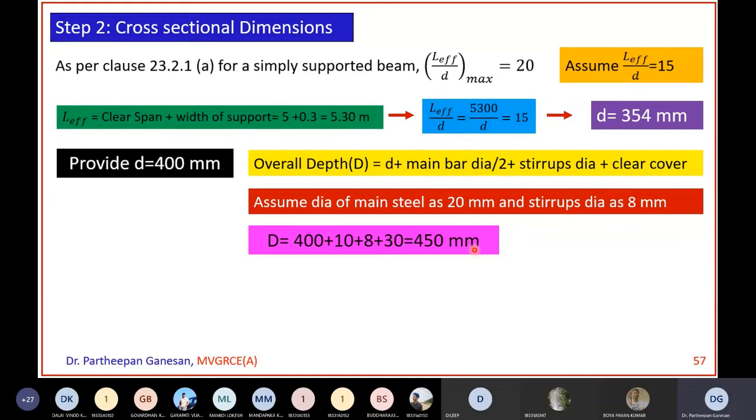That is absolutely not necessary. Whatever value comes, you can round it up. D is ideally 448 only. But a laborer cannot do 448 mm exactly. But 450 mm we can easily do because that is 1.5 feet. So 450 mm I have provided as overall depth.